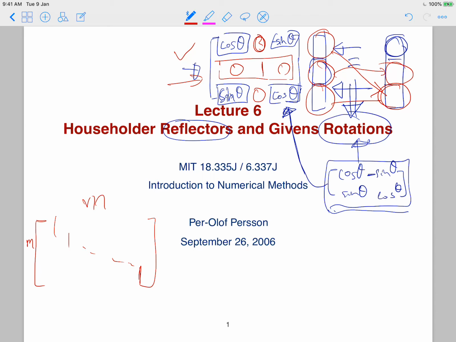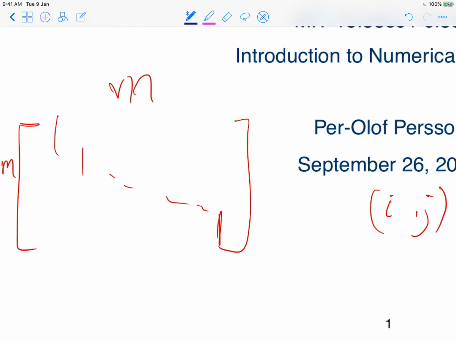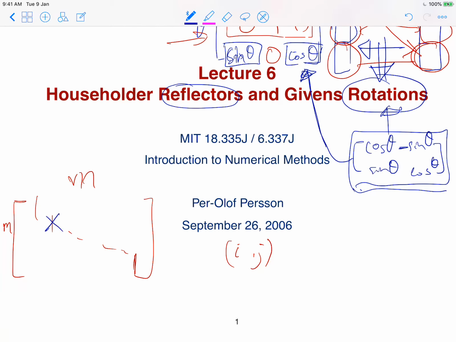If we want to apply a rotation on the i-th and j-th dimensions, we pick up the four elements (i,i), (j,j), (i,j), and (j,i), and replace those four elements using cosine theta and sine theta.